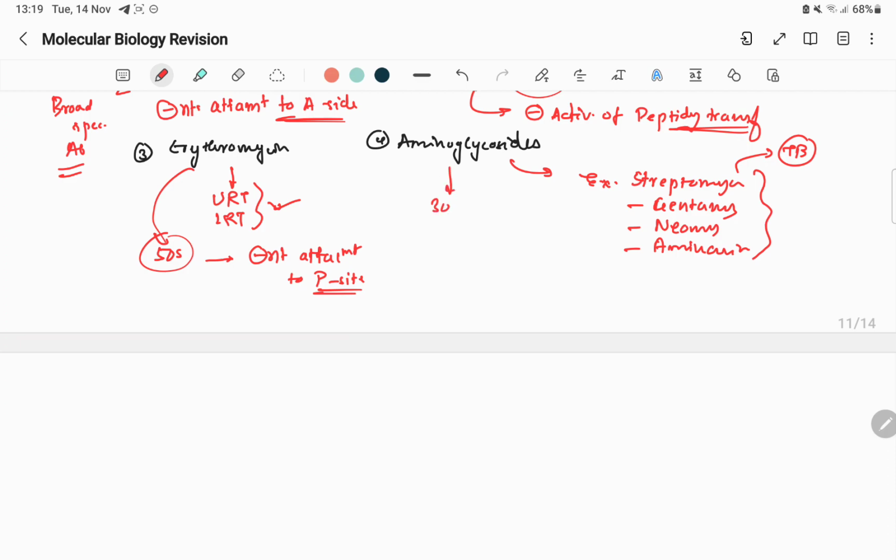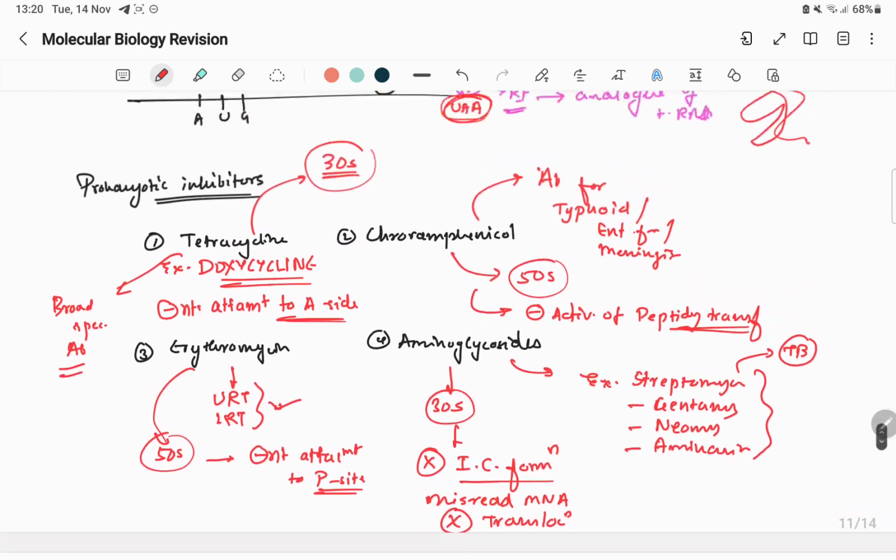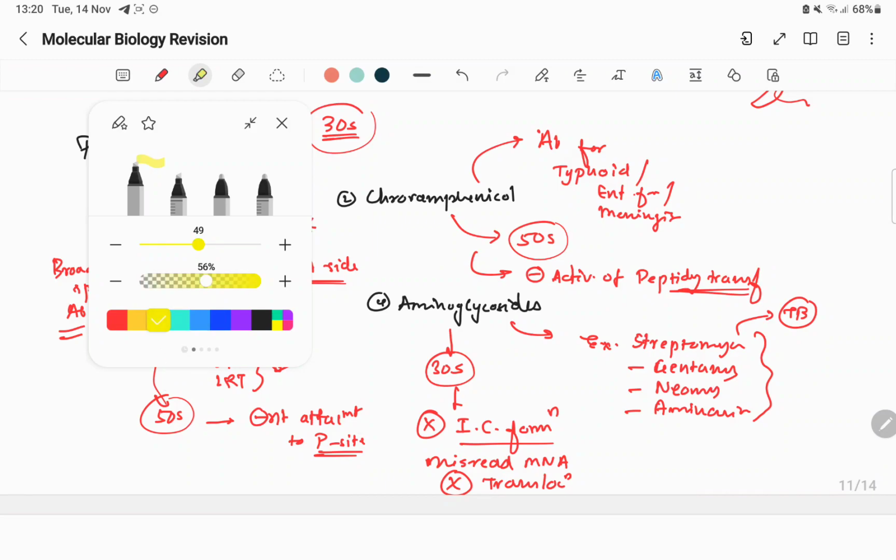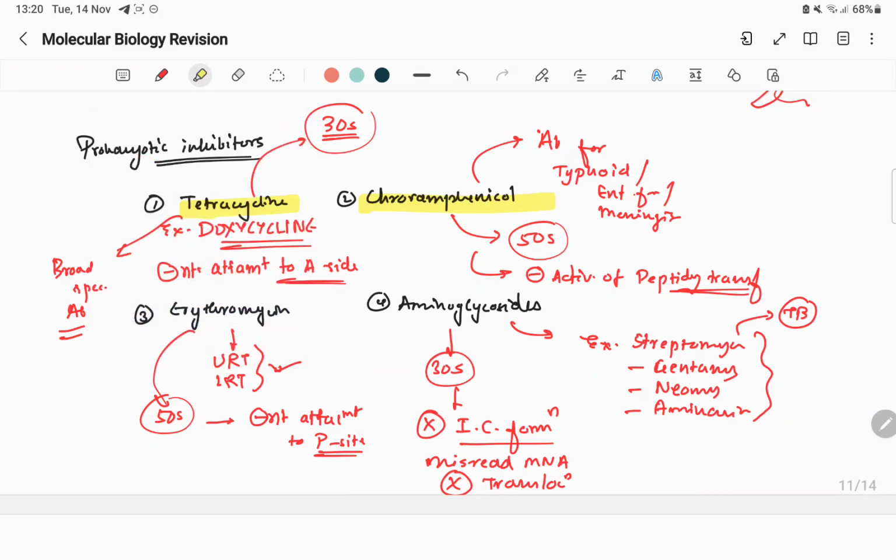This also binds to the 30S subunit, and this inhibits the initiation complex formation. This misreads the mRNA, and also prevents translocation. There is a wide range of functions of your aminoglycosides. So these four are your prokaryotic inhibitors of your translation procedure.